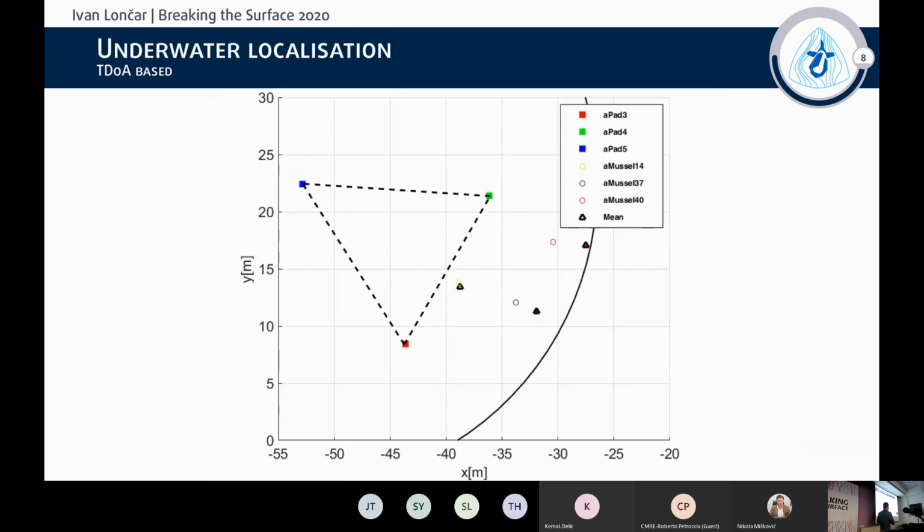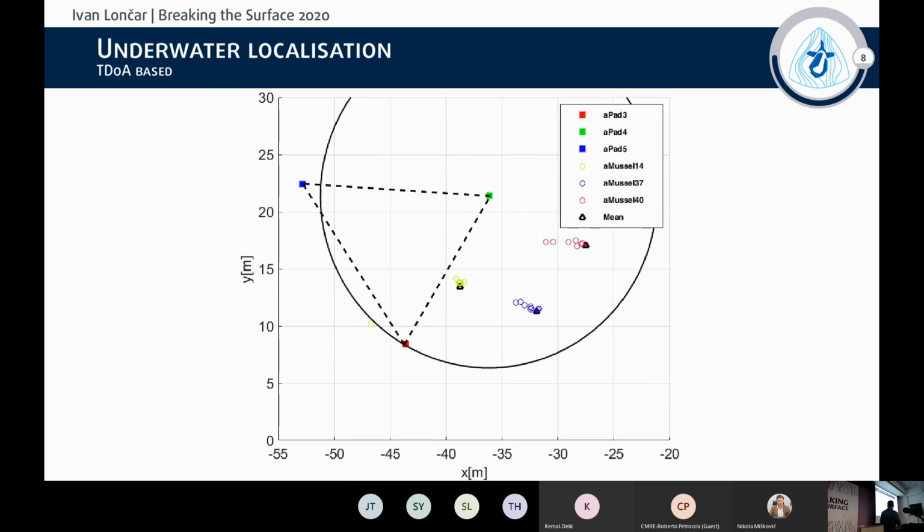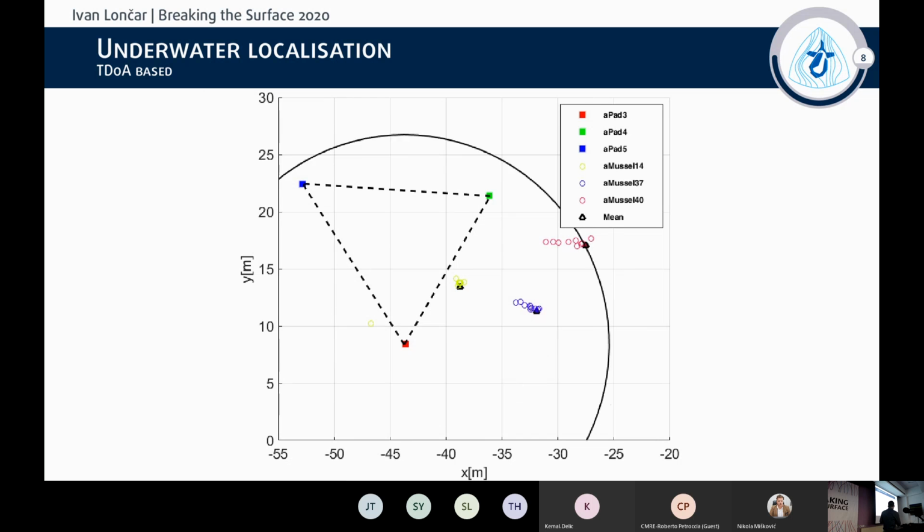Here you can see one experiment where surface agents broadcasted acoustic messages and the underwater agents localized themselves. When they receive the triplet of acoustic measurements from the surface vehicles, and when they collect their data, they can localize themselves.